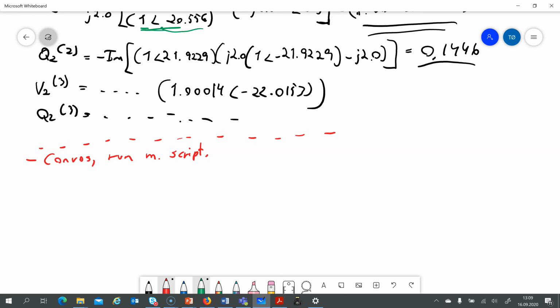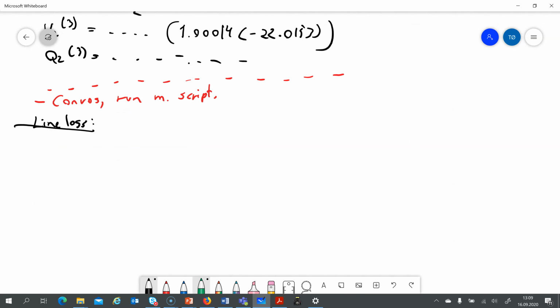Then you can use those M scripts for more advanced systems if you have exercises and assignments. One thing these scripts are also calculating is the line loss. I also talked about that briefly before, but I will take it again here, in more detail, so you know what's going on in this calculation.